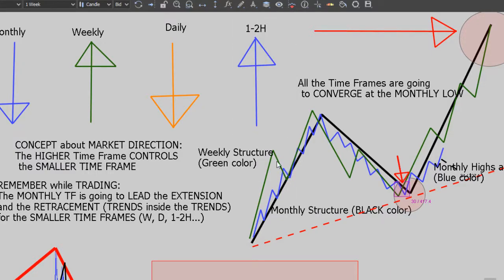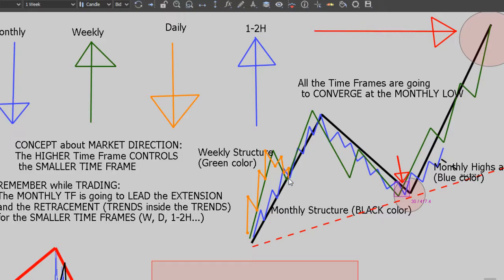So what you're going to see on the daily chart, and you're going to look and cross-check the monthly and weekly, where you are going to see structure high, right? And then you're going to see structure low, everybody, on the daily.